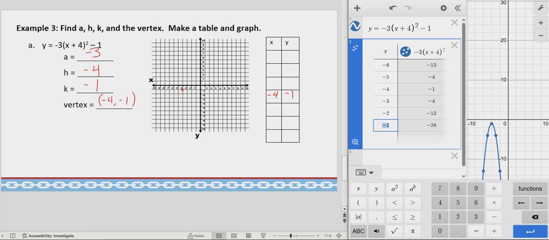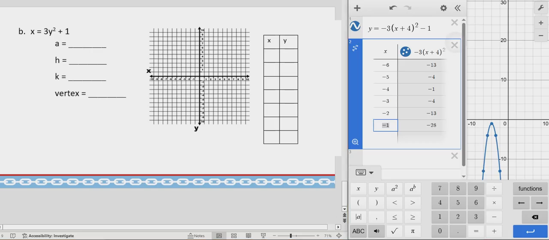And so I have my values there. I can see then that I can use the -5, -4 point, and the -3, -4 point. And that's about it. The rest of them are not going to be on my screen. Not a very good graph there, but you get the idea of graphing this parabola.